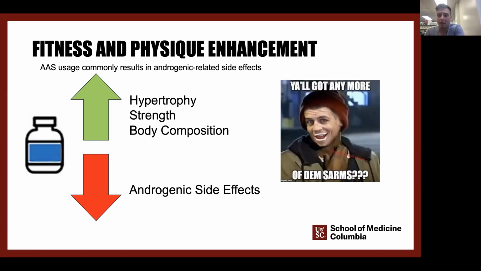So we've seen a very large increase over the past, I would say, 10 years in SARM usage in recreational and competitive athletes. Here at the University of South Carolina, I think up at Clemson, about 5 or 10 years ago, someone got caught using Ostarine on the football team.